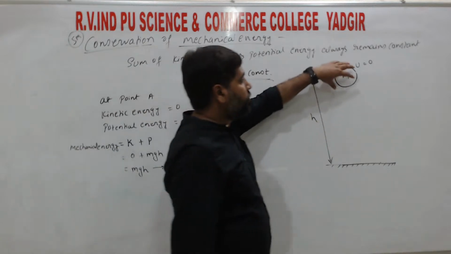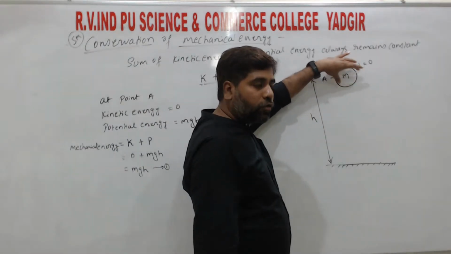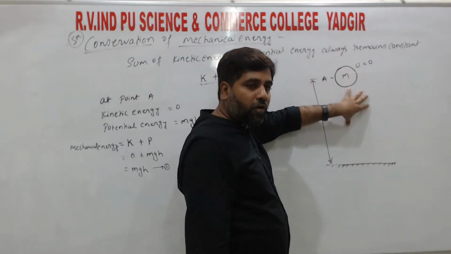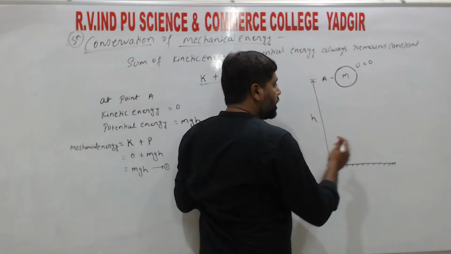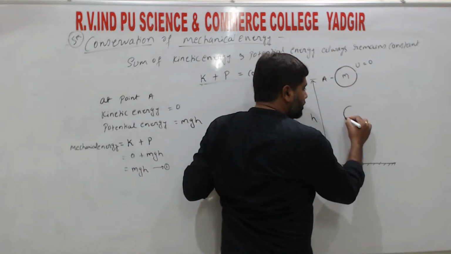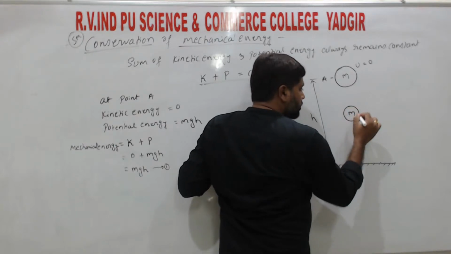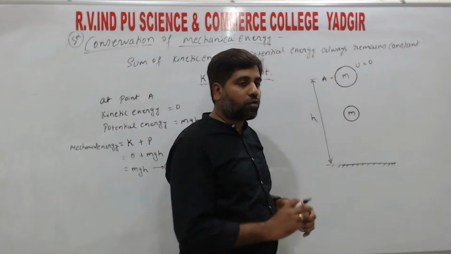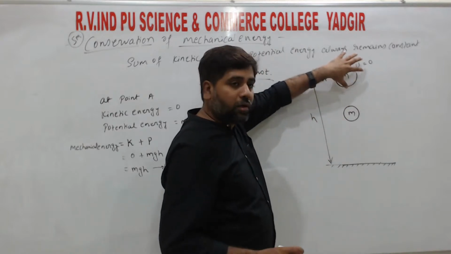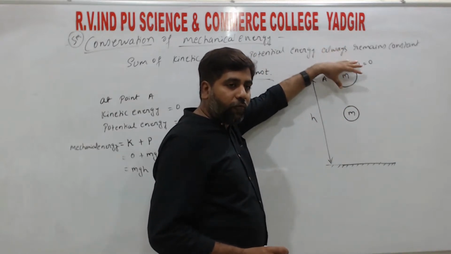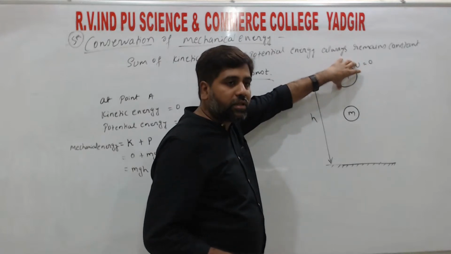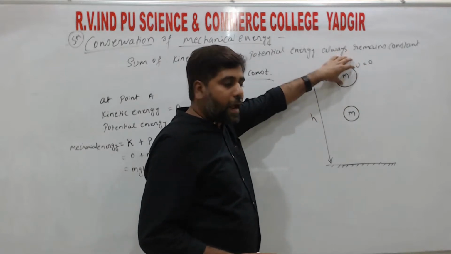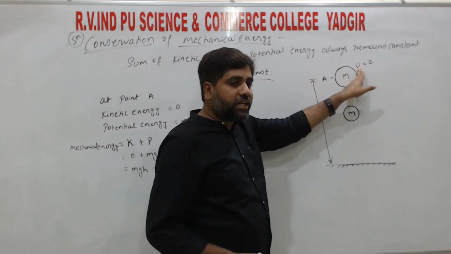So now we let this object fall freely. After a certain time t, the object covers some distance. When we release the object to fall freely, it starts to move. As the object starts to move, it changes its velocity.